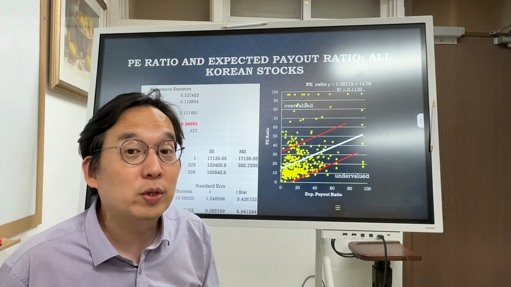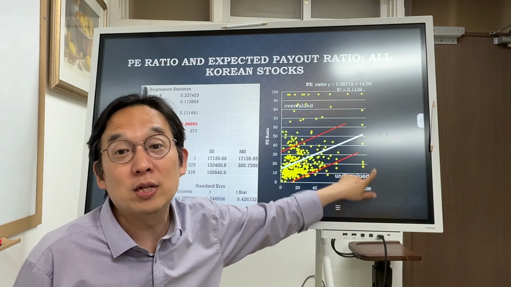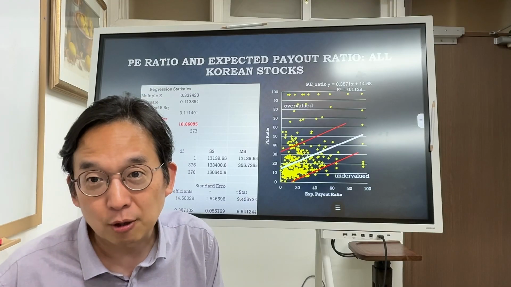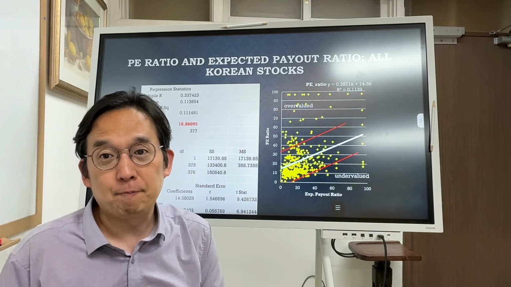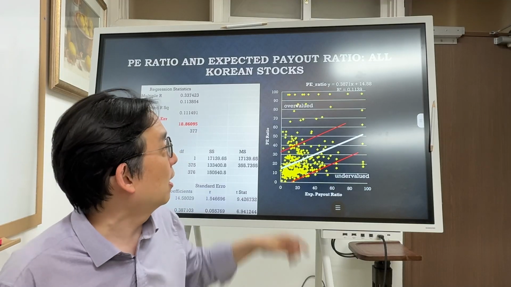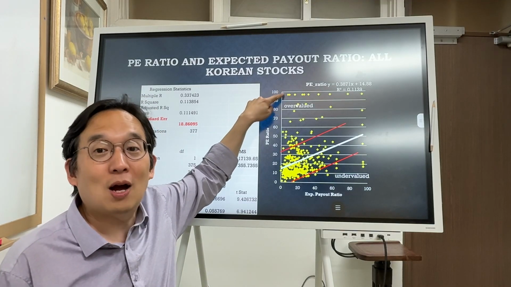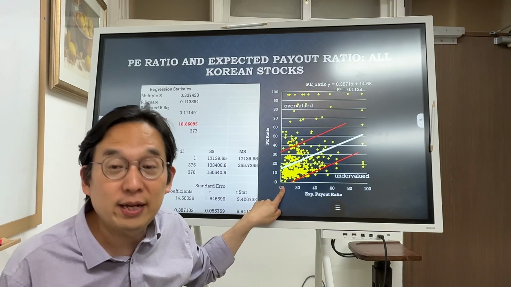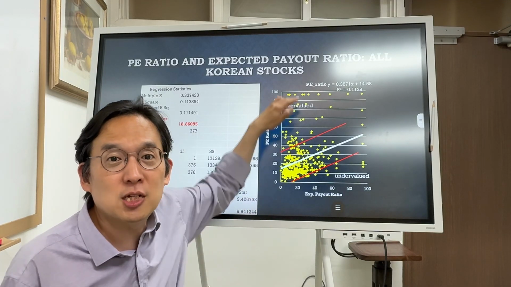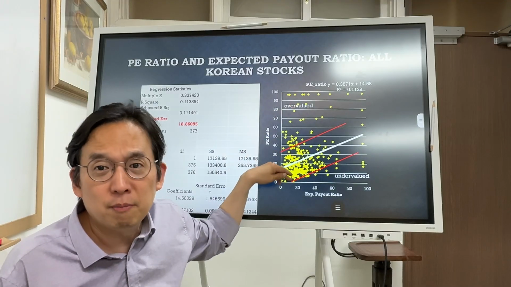So what would you do with these kinds of stocks below this band? Buy recommendation. What about the stocks above this band? Sell. The idea is, well, why are you so high over here? Even though your fundamental is so weak, there must be some mispricing for you. Come down, man.